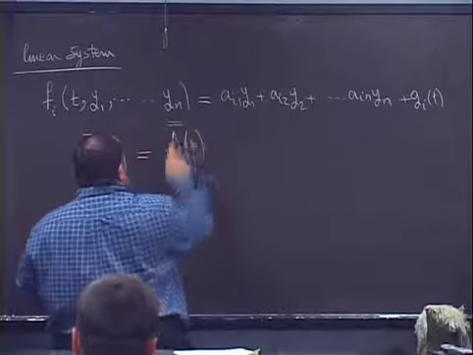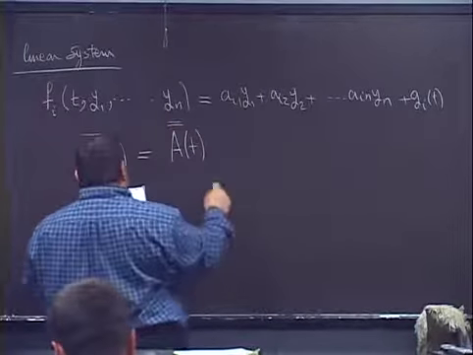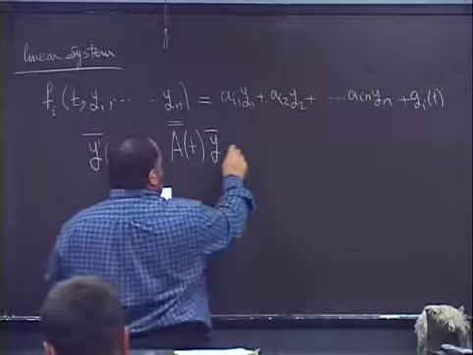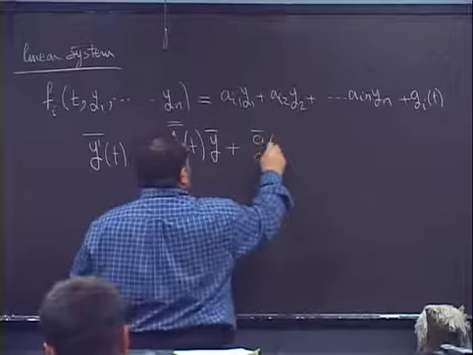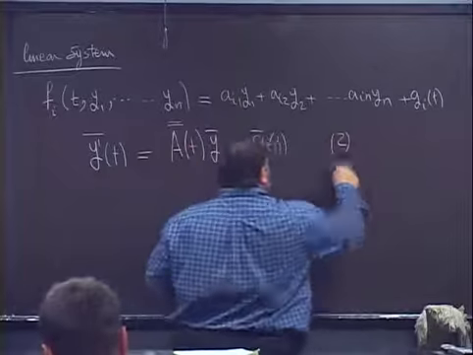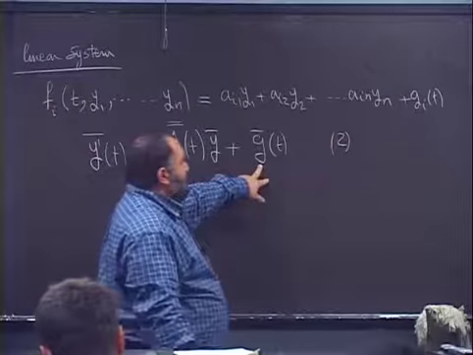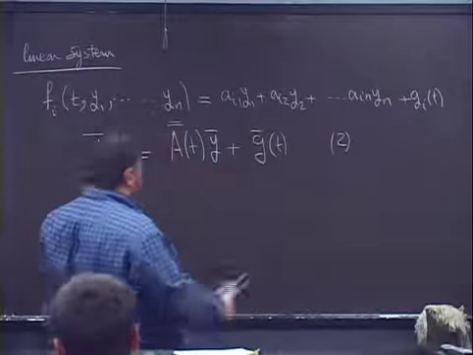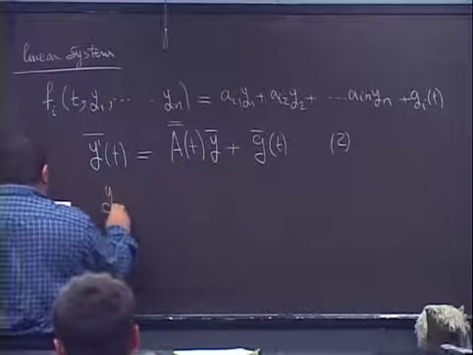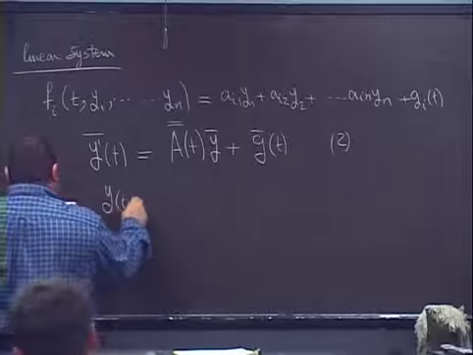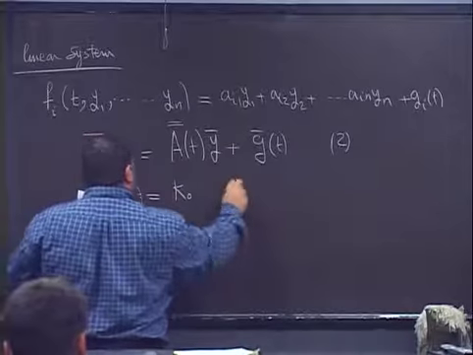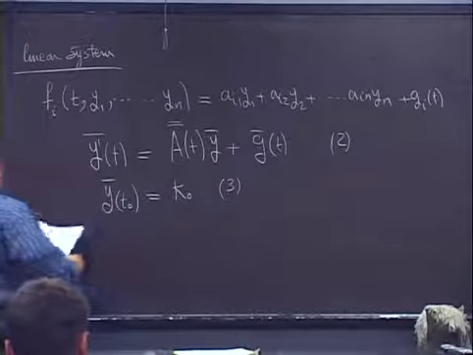So I will put y prime equals A, meaning that this is a matrix multiplied by the vector y plus the other vector g of t, which is a vector of all the inhomogeneous terms in the equation. We will solve this with the initial condition that y of t naught equals a certain vector k naught.